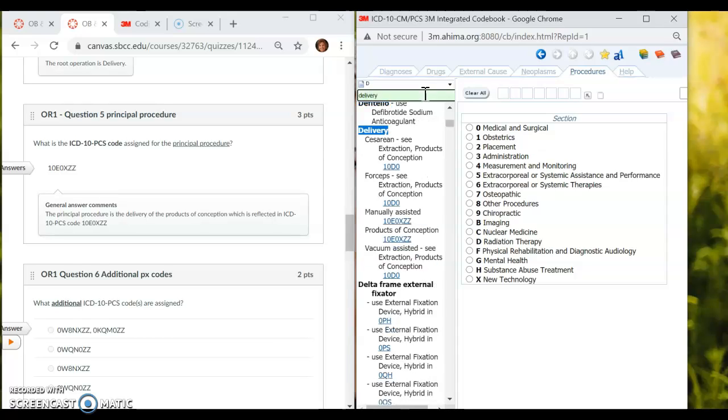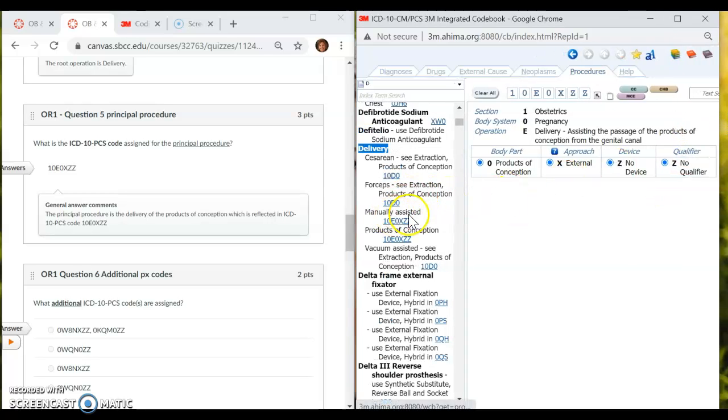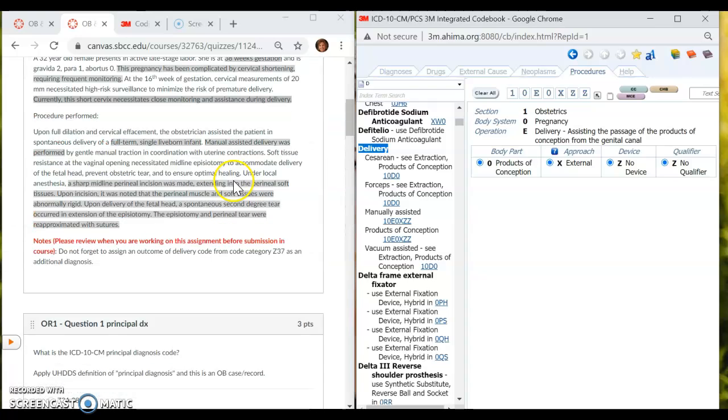Let's go delivery and we know it was manually assisted. So right there is our principal procedure code 10E0XZZ. That one's pretty easy to find. Again, manually assisted, and if you read through the report itself, it did state that it was manually assisted.